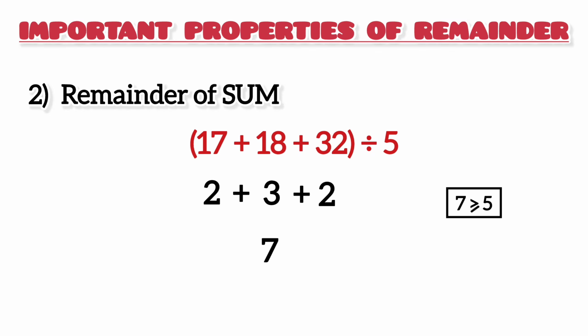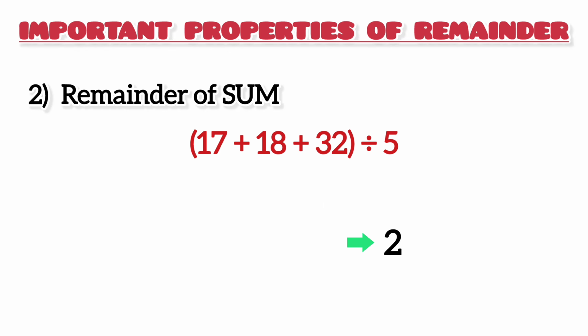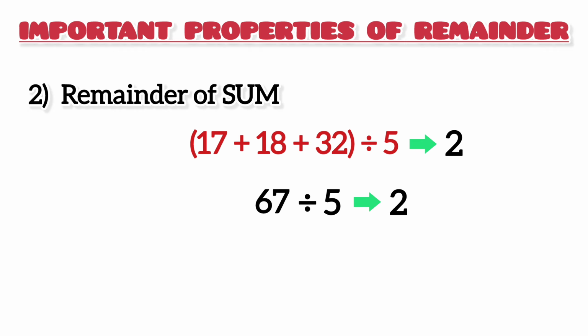Since 7 is greater than or equal to the divisor 5, find the remainder again when 7 is divided by 5, that is 2. If you look at 17 plus 18 plus 32, that's 67, and 67 division 5 is also 2. That verifies the remainder property of sum.